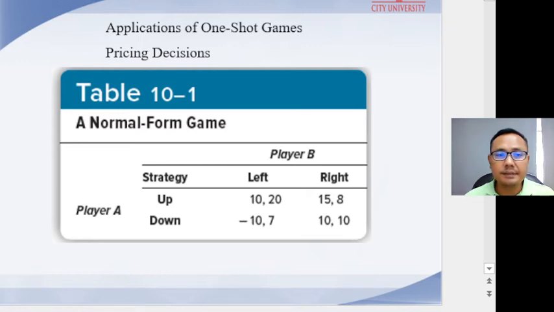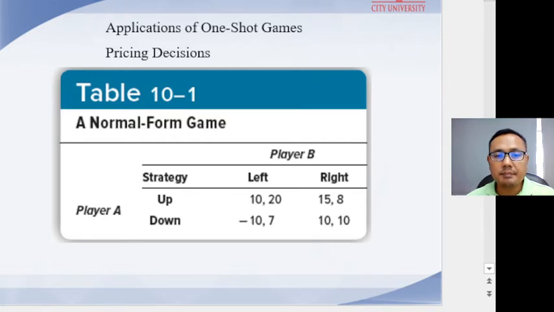First, a strategy is a decision rule that describes the action a player will take at each decision point. The second is the normal form game, which indicates the players in the game, the possible strategies of the players, and the payoffs to players that will result from alternative strategies.